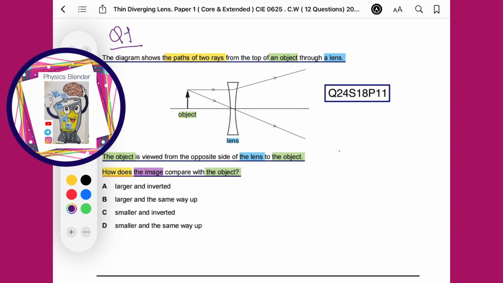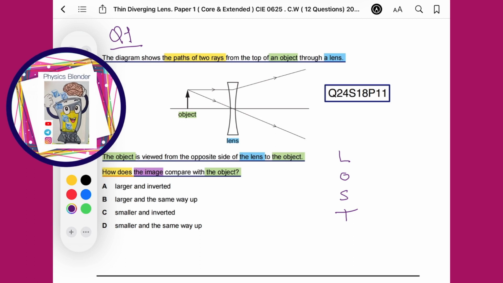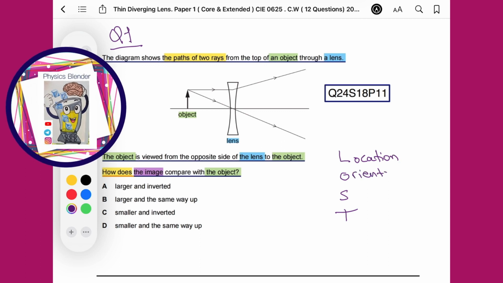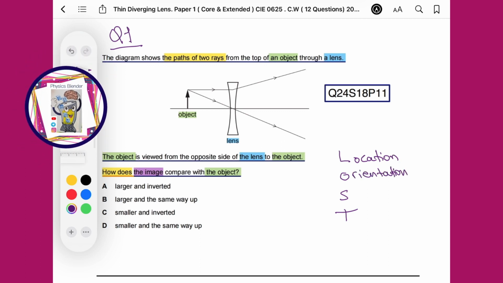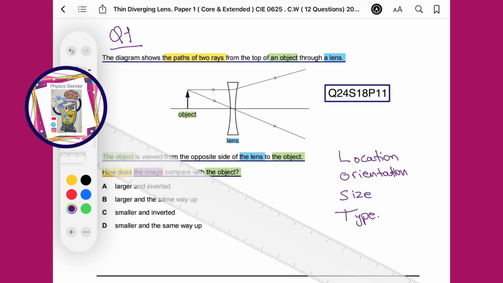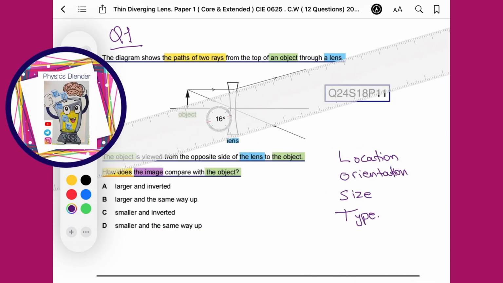As usual, you can follow our word: location, orientation, size, and type. Okay, so we have to draw rays so you can describe the image.